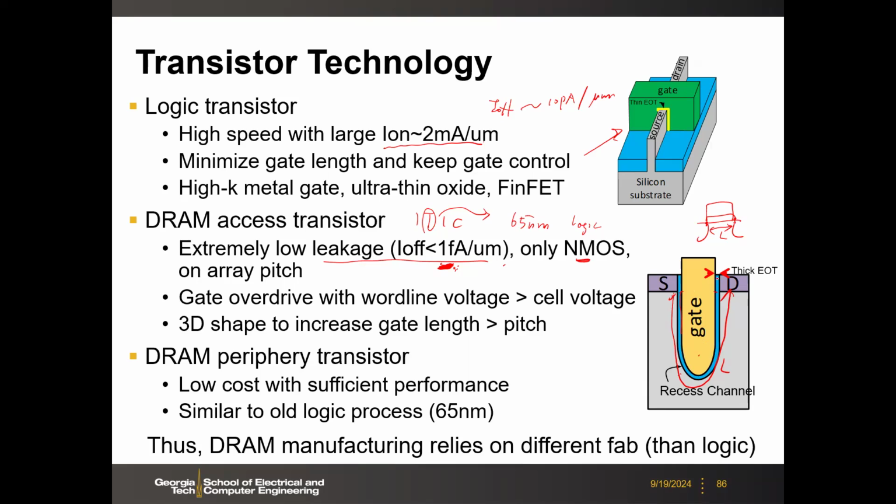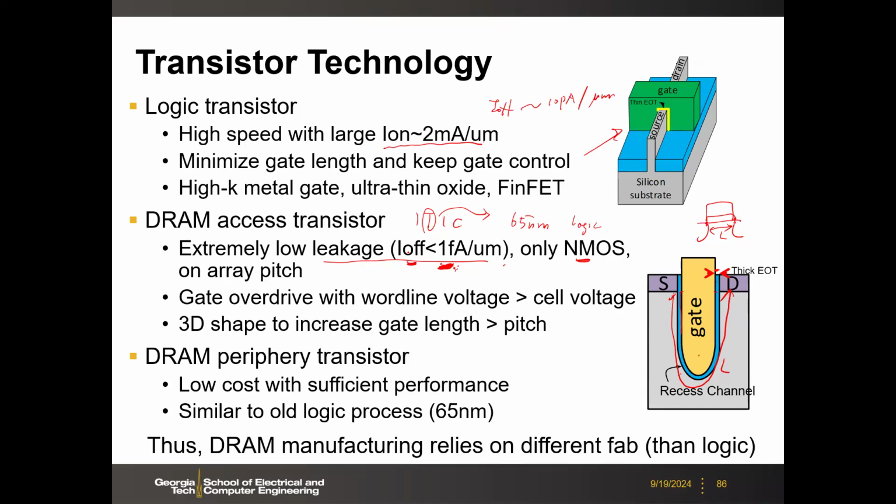And also the oxide thickness is thicker, this oxide, to sustain higher overdrive voltage compared to the high performance logic transistor. So this is a key difference. This is to enable this ultra low leakage. Okay.